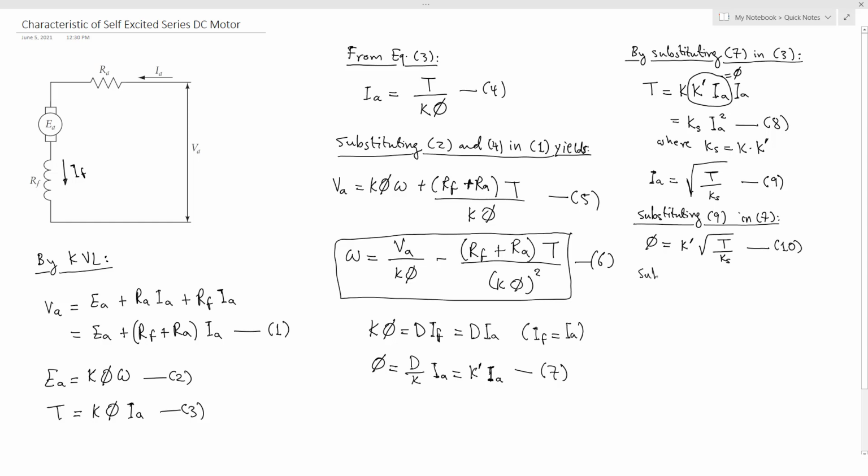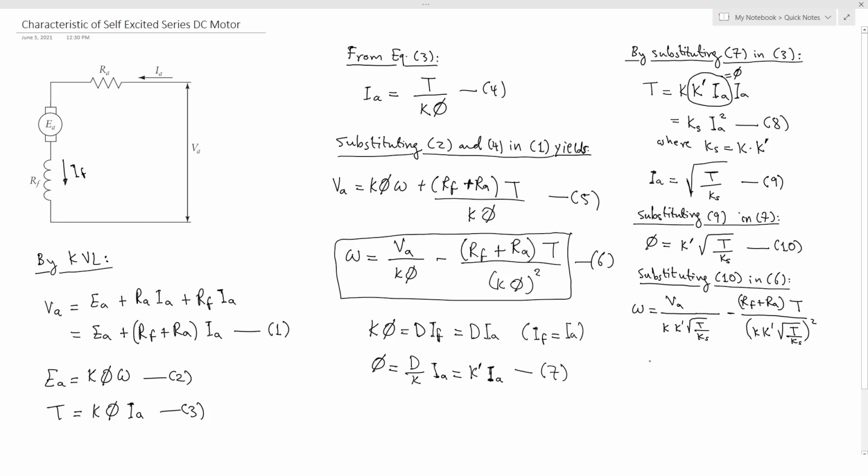Now substituting 10 in 6, omega will equal VA over K times K prime square root of T over KS, minus (RF plus RA) times T over (K prime square root of T over KS) squared.